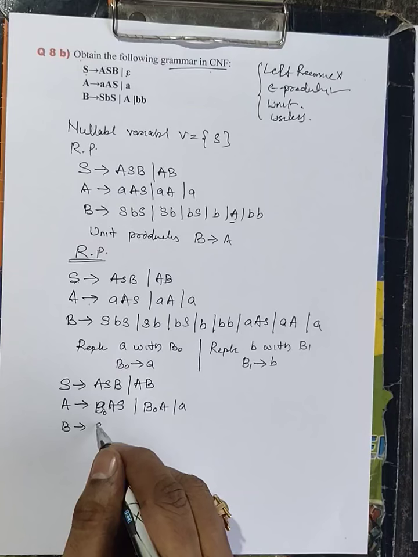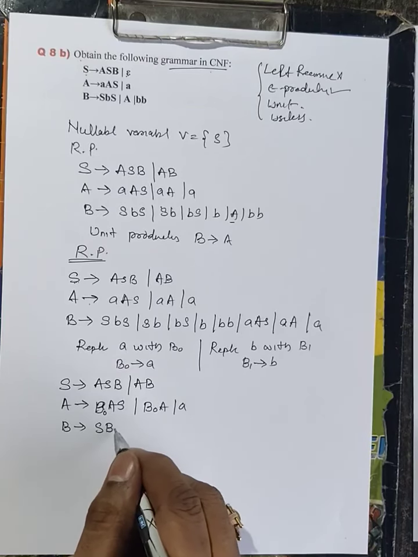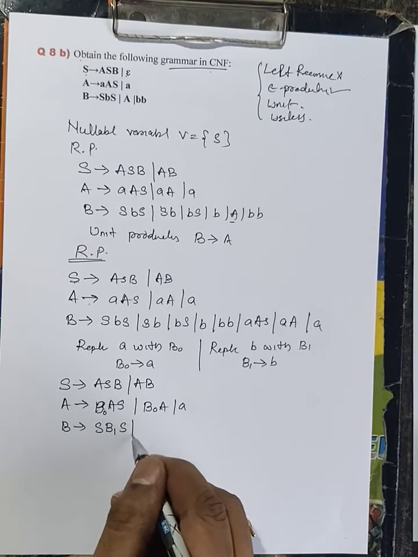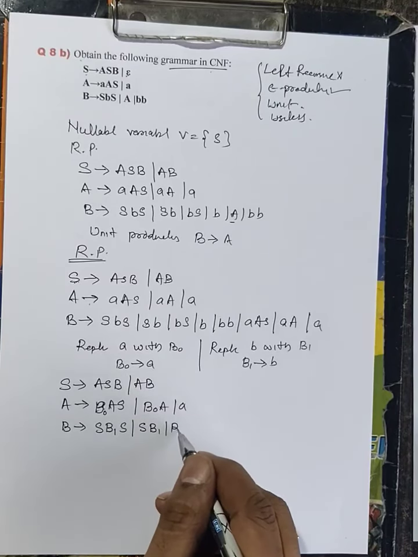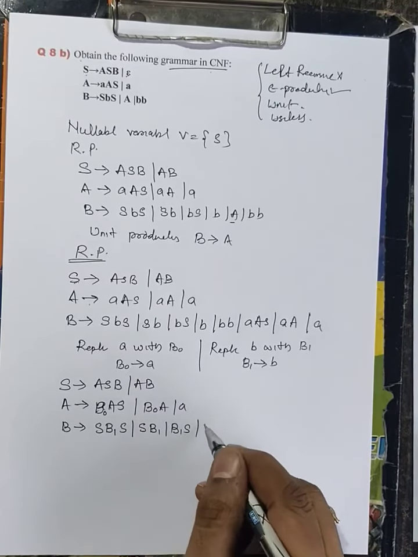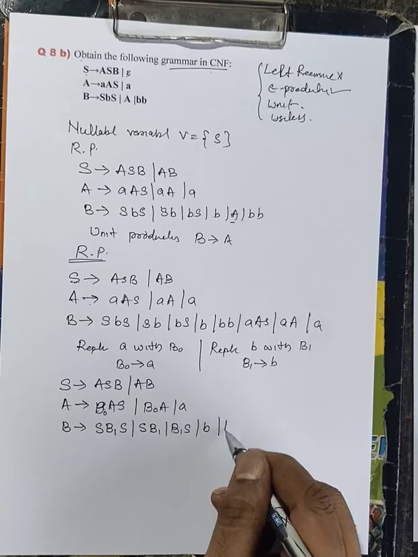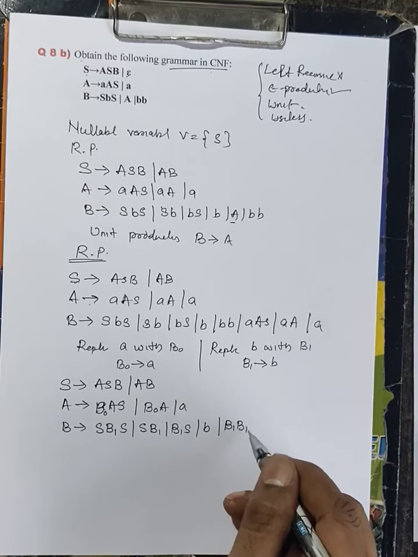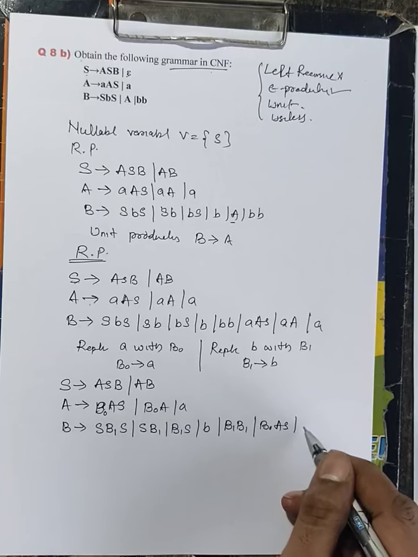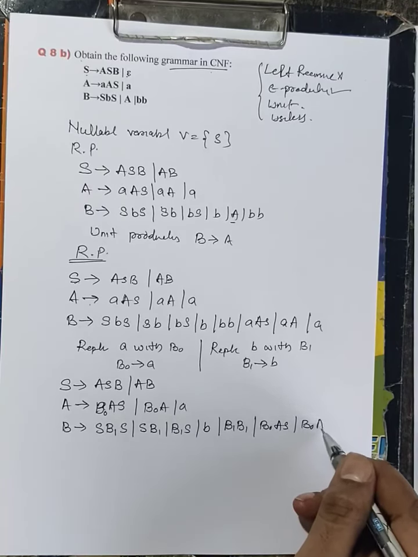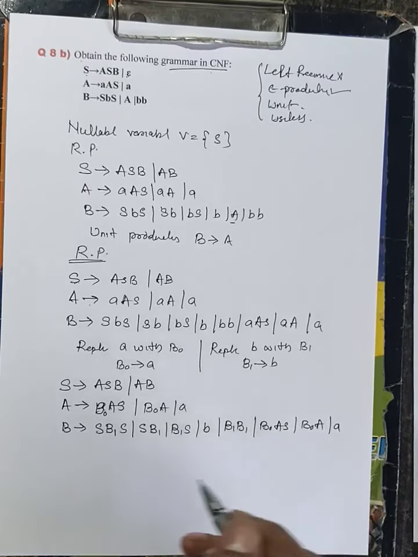And B produces S, B1, S, B1 B1, S B as it is, B1 B1, B0 AS, B0 A and a.